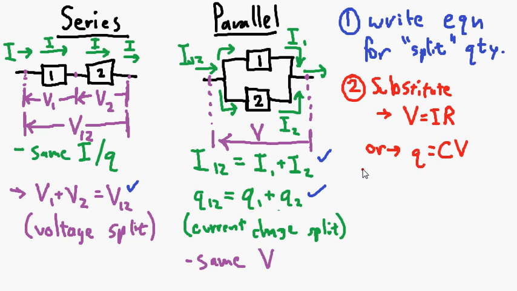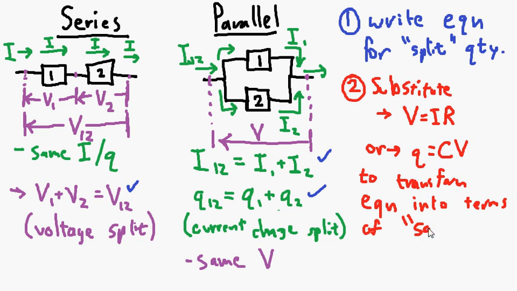So, to transform, I suppose the way I put it is, transform the equation into terms of the same quantity. Okay, and this will be a little bit easier to understand once I show you a demo. So either V or I or Q, depending on whether you're in parallel or in series, and then obviously whether it's I or Q depends on whether it's resistors or capacitors.